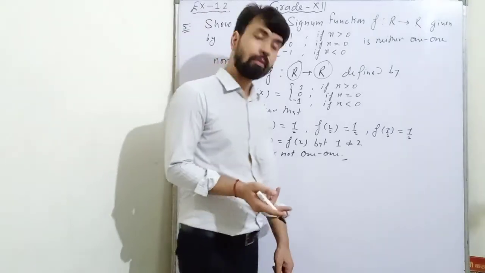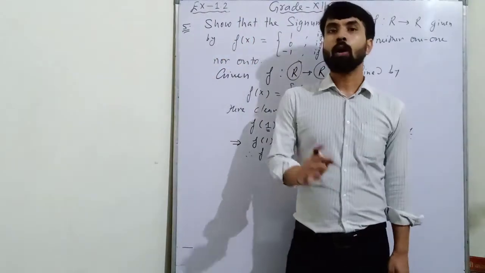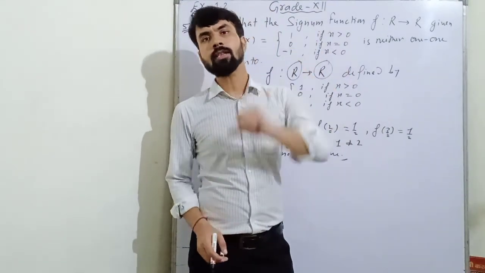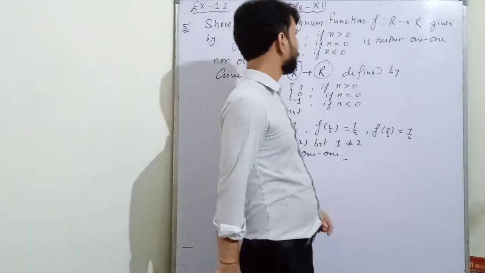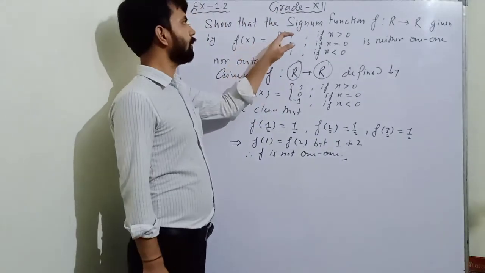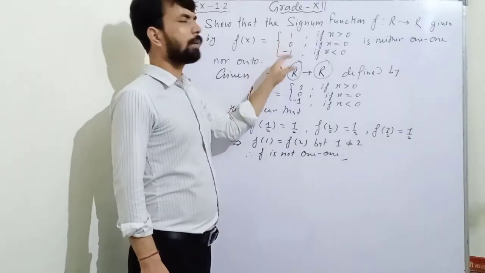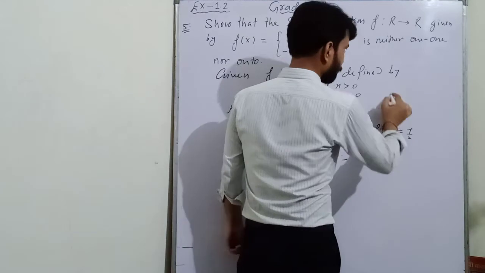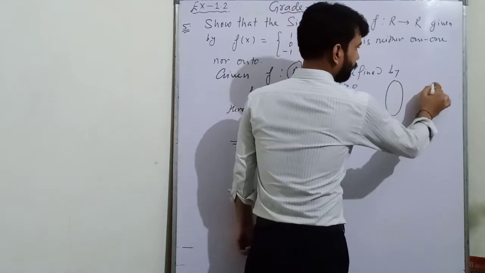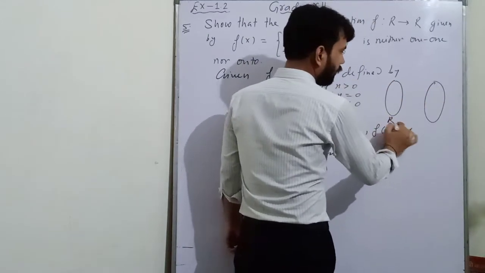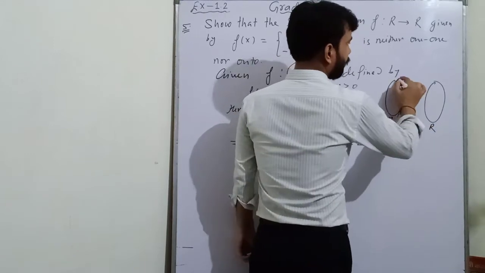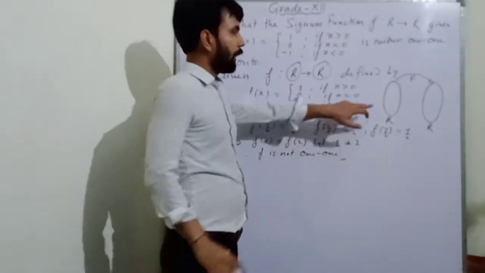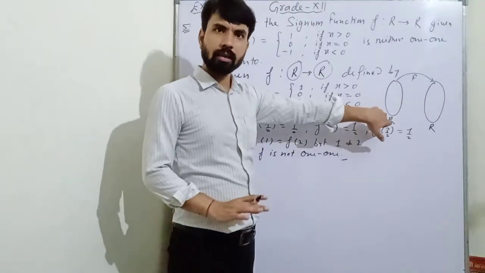Now we will have to check this function will be onto or not. For onto, what is the definition? All the elements of its codomain must have their pre-images in its domain. So see, the value of the function will remain 1, 0 or -1. See, this is domain R and this is codomain R, and function is defined from R to R. In domain, all the real numbers are there.